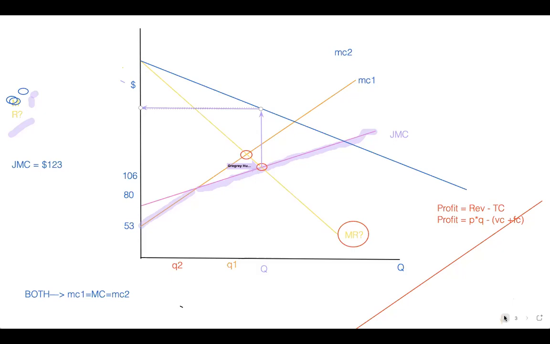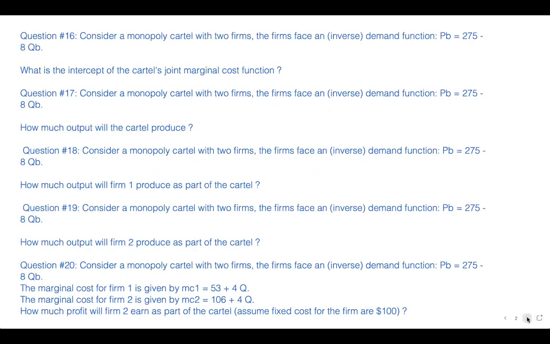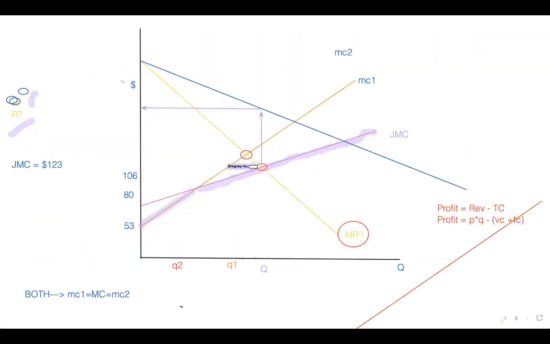No, because remember I said that on the final exam there are going to be no intercepts, right? And if there are no intercepts, there's no low cost firm that we can distinguish on the basis of the height of the vertical intercept. What that means is that they're both going to be producing all the time, which means that in one sense your job will be easier, because you'll always be finding the intersection between marginal revenue and joint marginal cost.